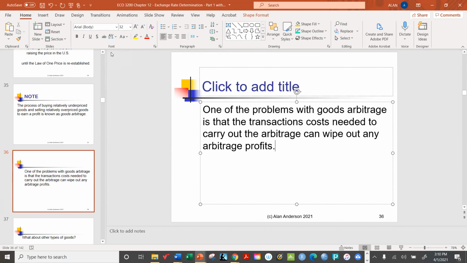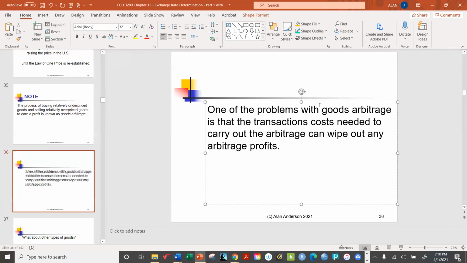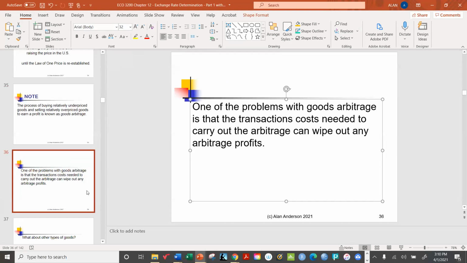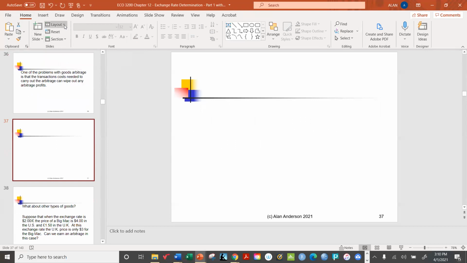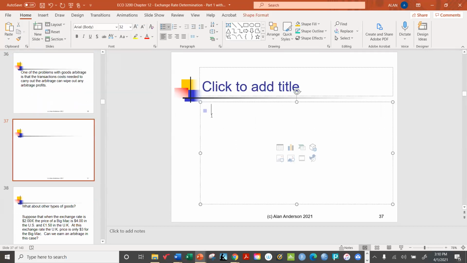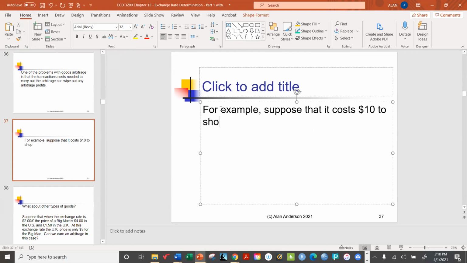So, for example, in that last case, suppose that it costs $10 to ship gold between the US and the UK.